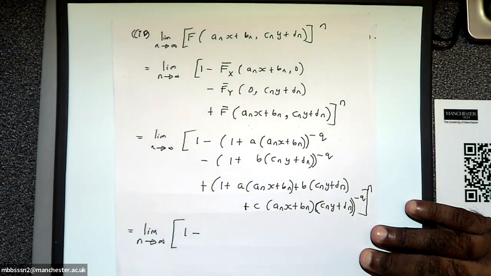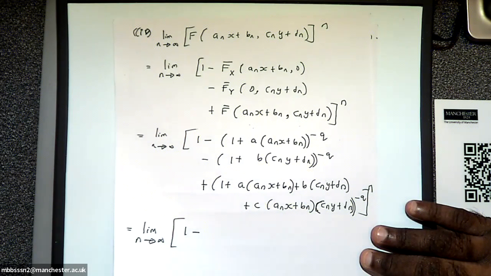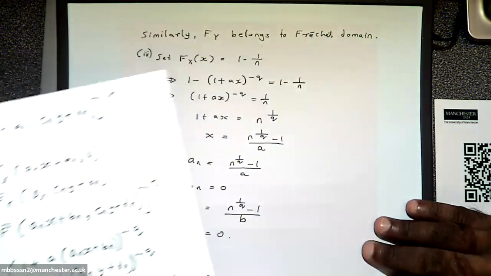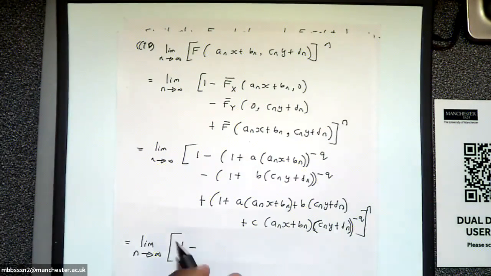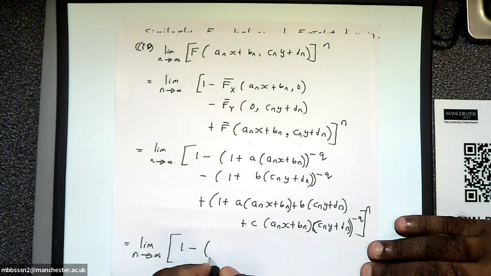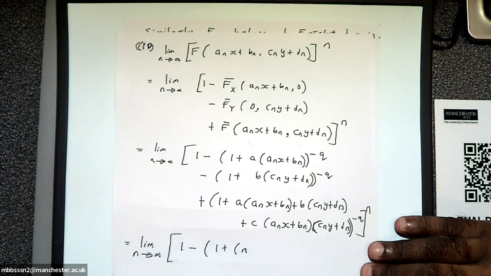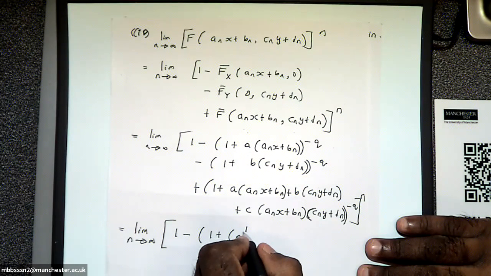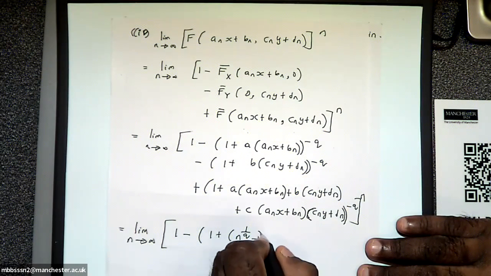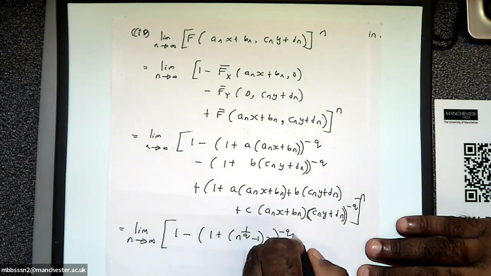It's possible I'm going to get it wrong. So it's going to be 1 plus n to the power 1 over q minus 1. So the a cancels, times x to the power minus q.